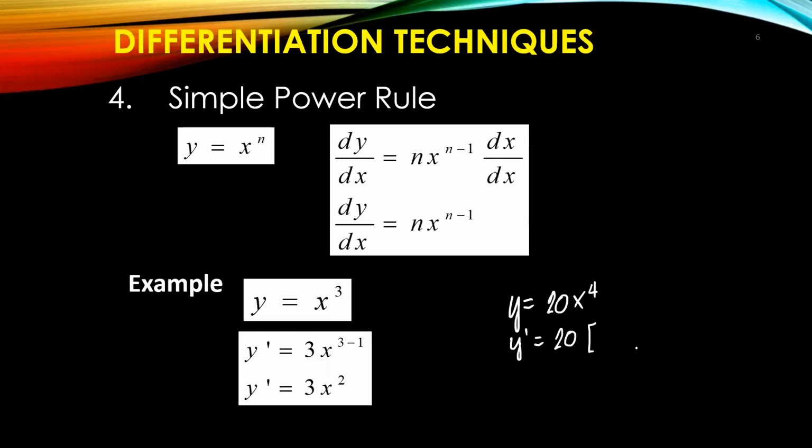What's the derivative of x to the 4, guys? That is 4 x to the 4 minus 1 dx over dx, which is equal to 1. So in this case, that's 20 times 4x to the third, or 80x cubed, your y prime.